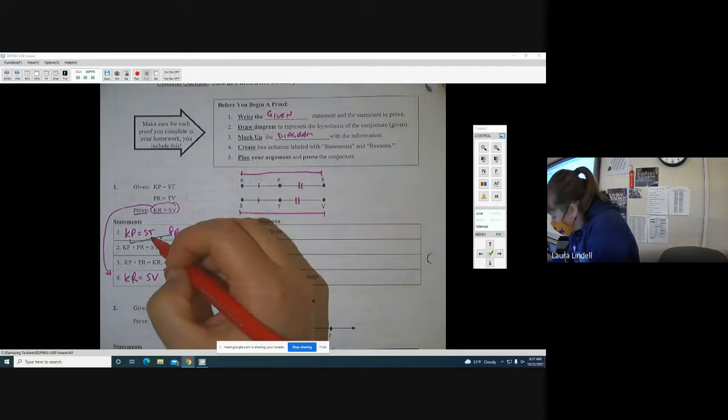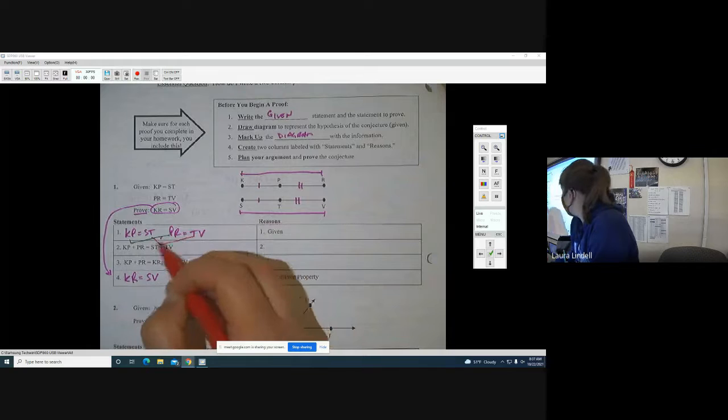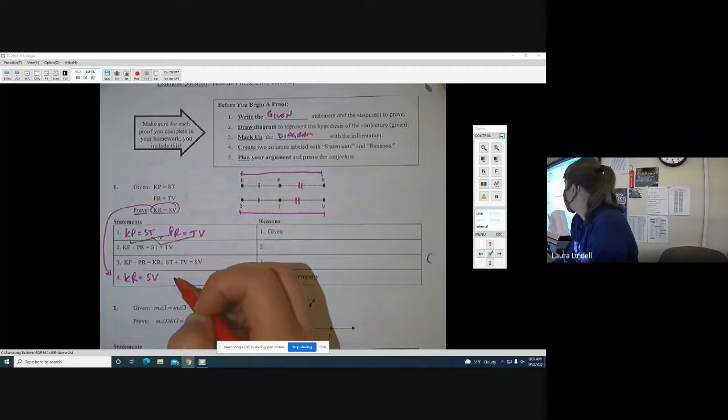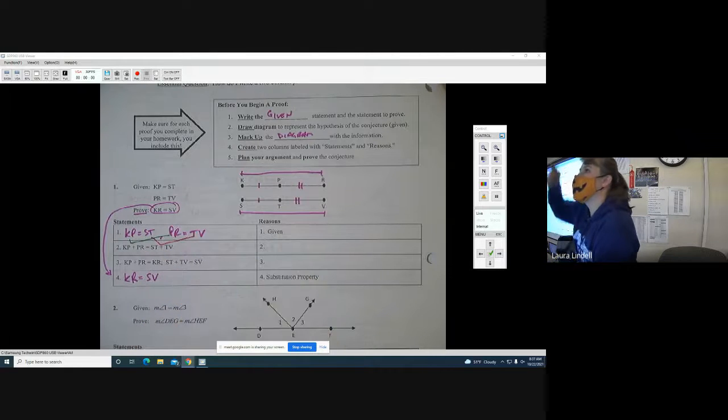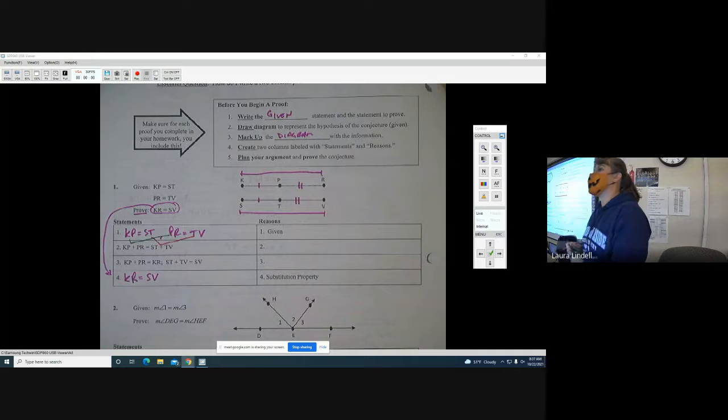So they took these two and added them together on this side. What does that do if you add the same thing to both sides? Close. It has to do with addition. This, you were going to say what? Angle. Not angle. But yeah, it does have to do with addition.